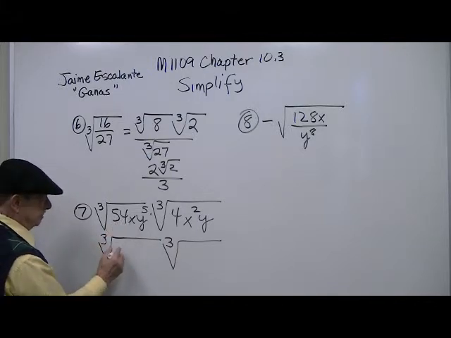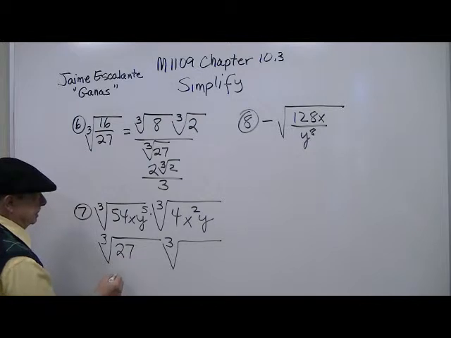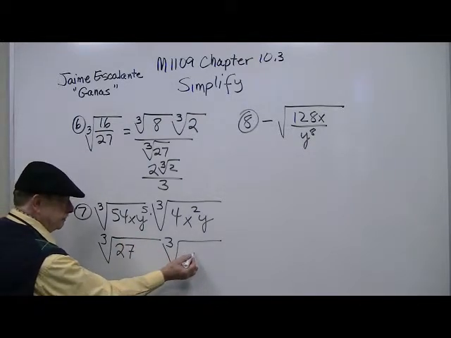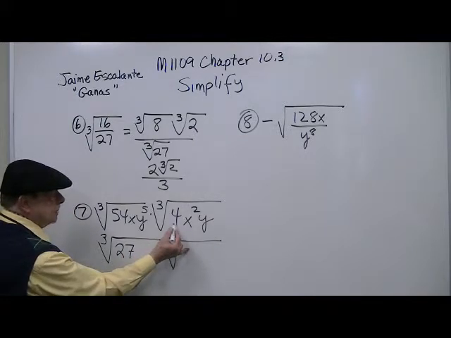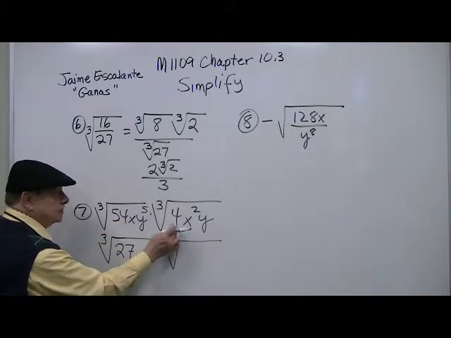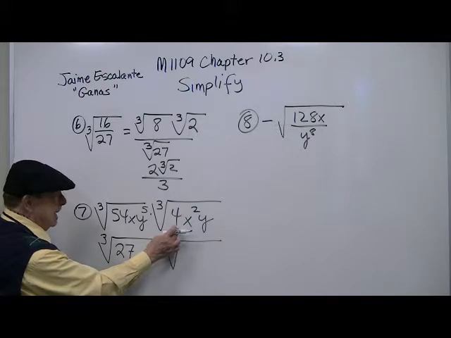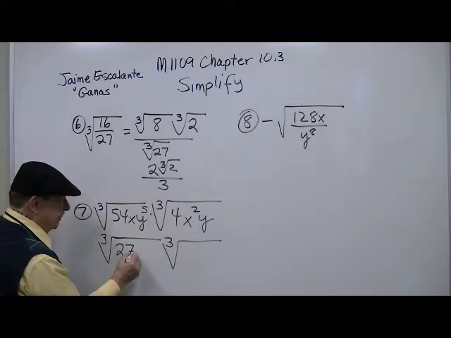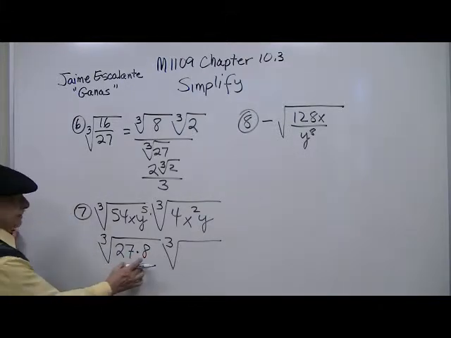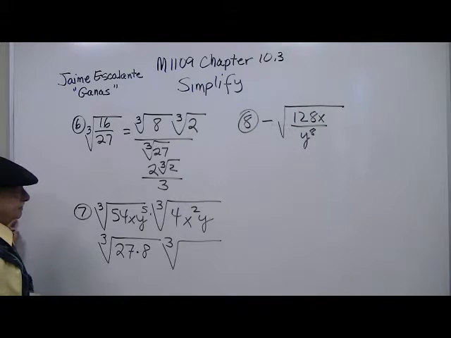Well, this becomes 27 times 2 that I would normally put over there. But if I take a 2 out of here and I put it there, 2 times 4 is 8. 8 is a perfect cube as well. So we can think of it sort of like that.